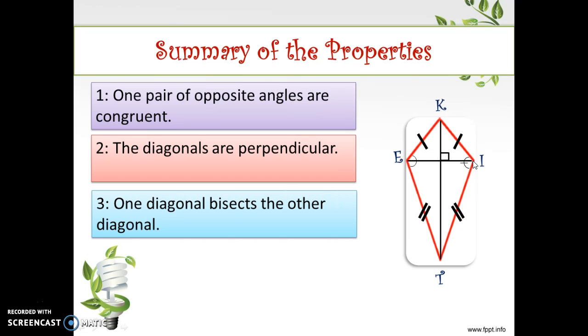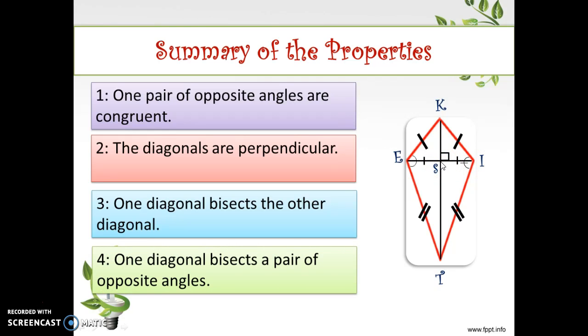And the next property states that one diagonal bisects the other diagonal, which means that this diagonal KT divides this diagonal EI into two equal parts. Let's say they meet at S. So we say line segment ES is congruent to line segment IS.